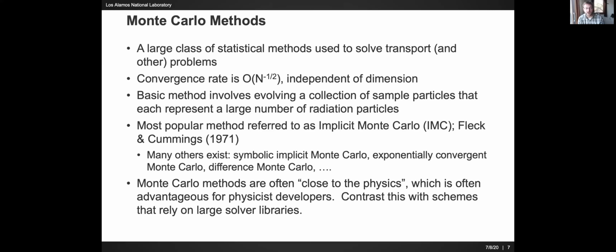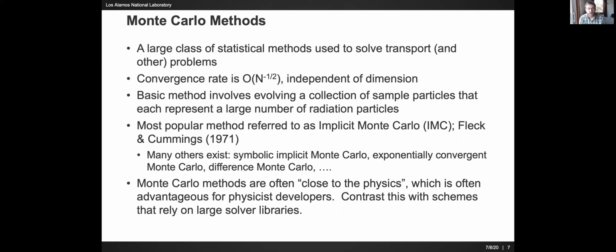I just picked a random set of them: symbolic implicit Monte Carlo, exponentially convergent Monte Carlo, difference Monte Carlo. They all have their own advantages and disadvantages. But implicit Monte Carlo is probably a safe place at least to start if you're interested in looking at this stuff more. So one thing I wanted to mention here that I think is important, as most of us are physicist developers writing codes, right?